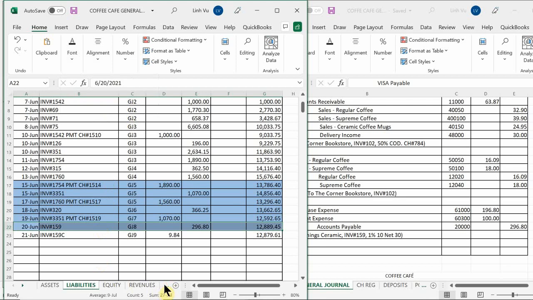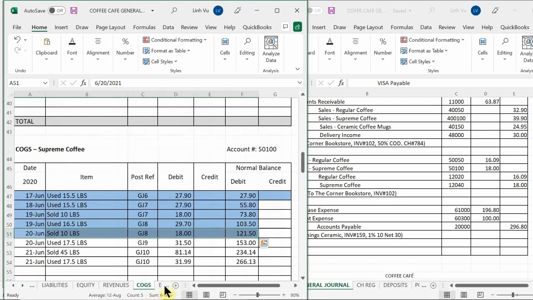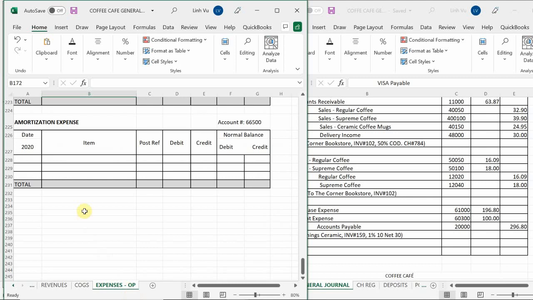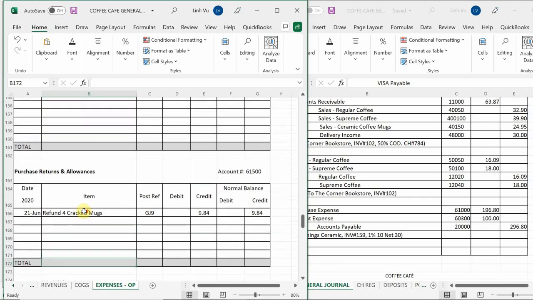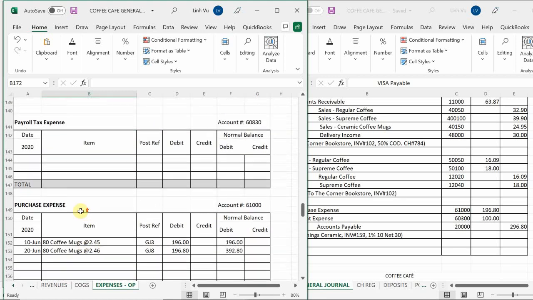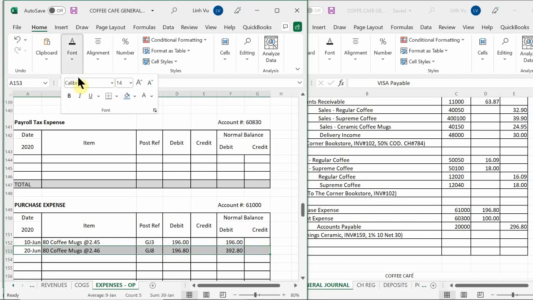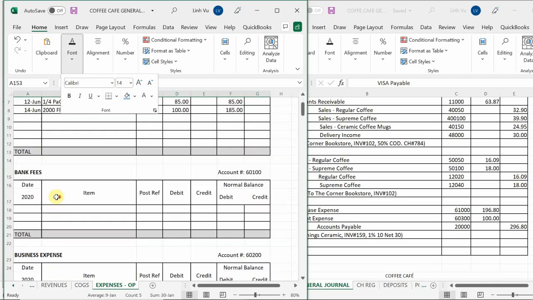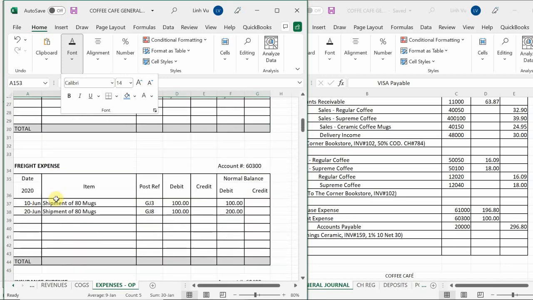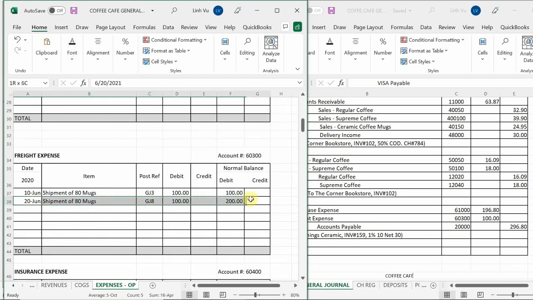And then we have the purchase expense and freight expense. Here's the purchase expense for the $196.80. And our freight expense for 100.